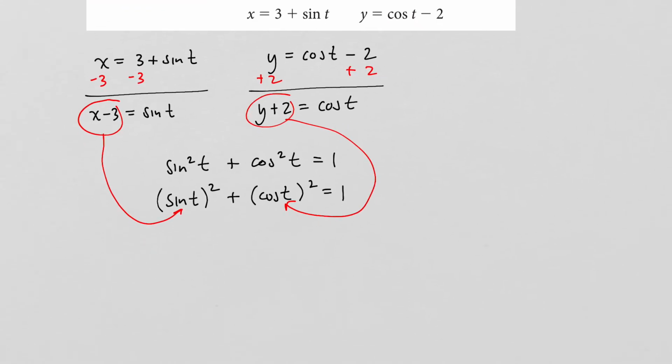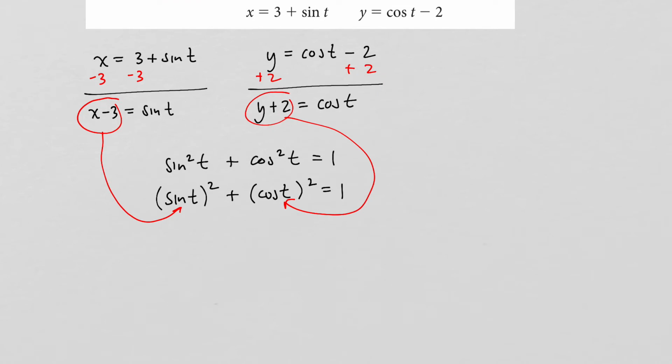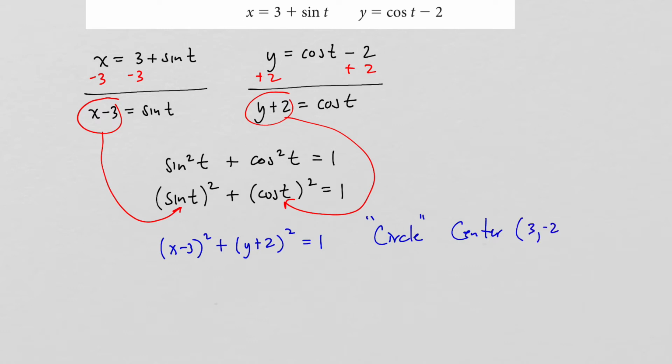And so if we plug those into the equation here, we get (x minus 3) squared plus (y plus 2) squared is equal to 1. And this is the equation of a circle, and the center of this circle is x equals 3, y equals negative 2, and the radius of this circle is equal to 1.